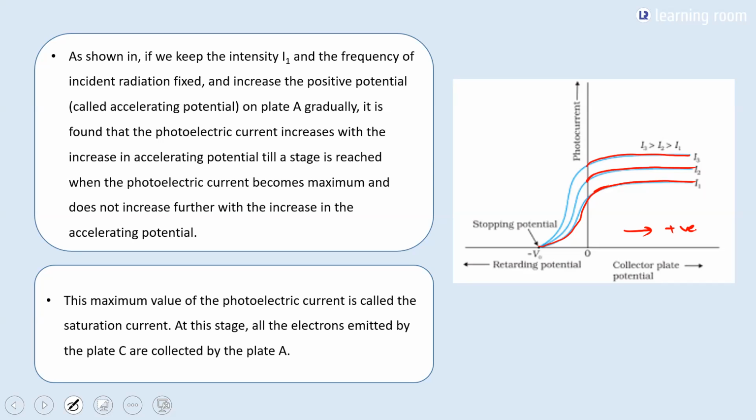Are you able to understand? So here, the last point that I would like to mention is: stopping potential is independent of intensity. See, for intensity I1, I2, and I3, the value of initial photoelectric current were different. But when you try to apply the retarding potential, you can observe that all the values are leading to the same point of the stopping potential. Are you able to understand what I'm trying to say?